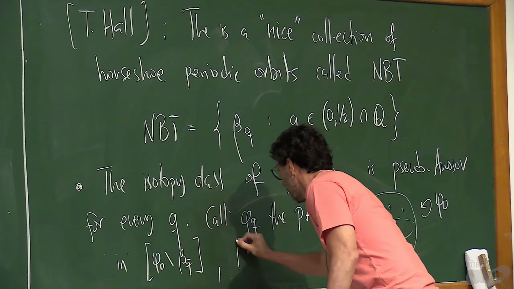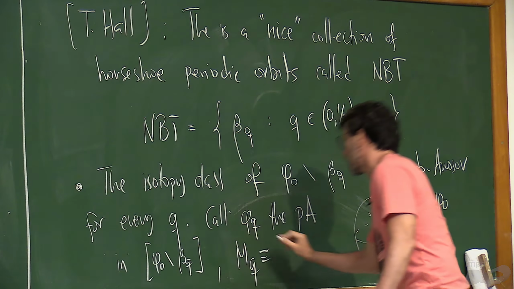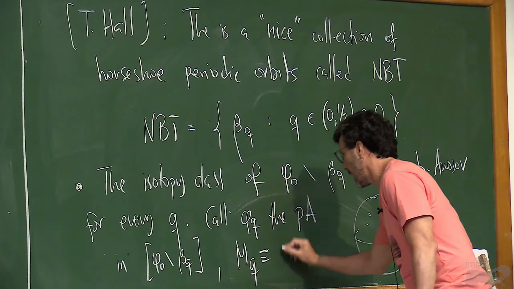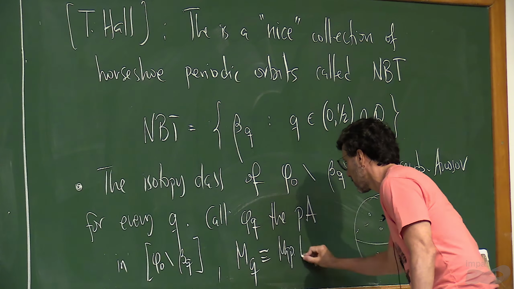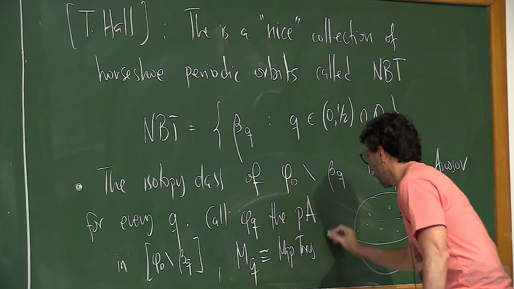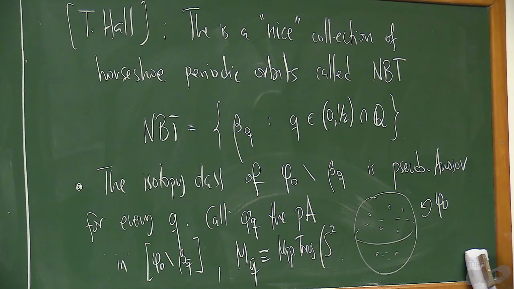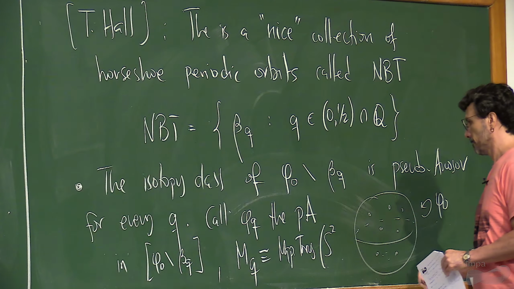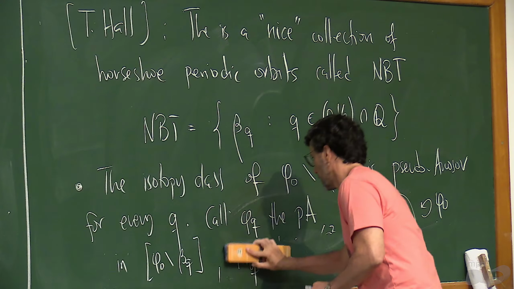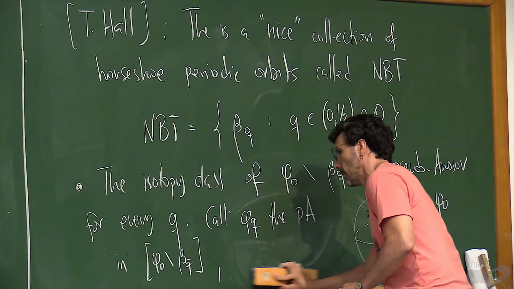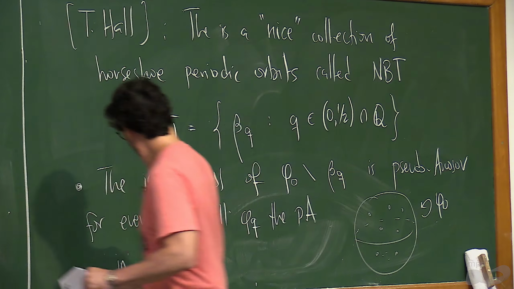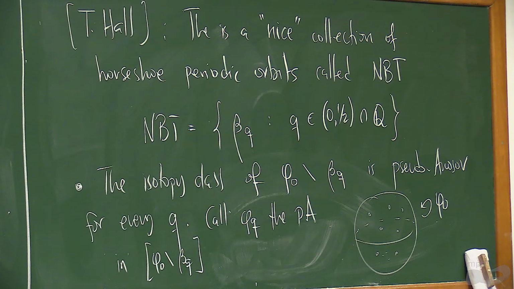And M q is the mapping torus of S, well, I'm getting a little squeezed here. Well, okay, so maybe I don't have to say this quite right now. Let me make a statement then, and then I'll go back to that.